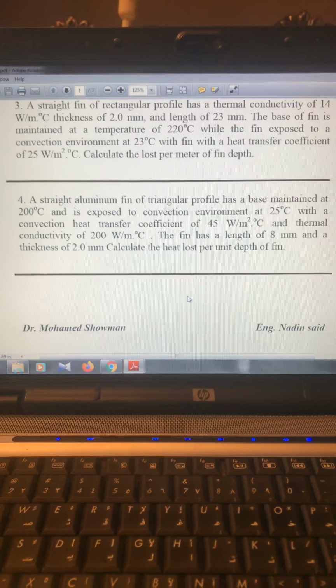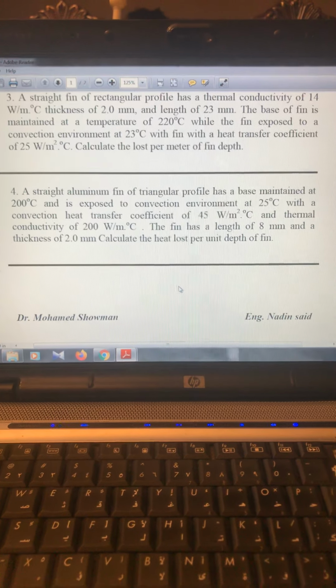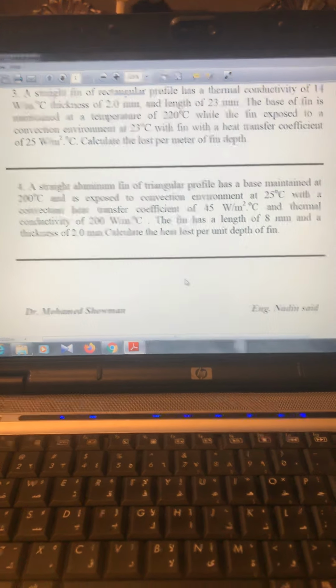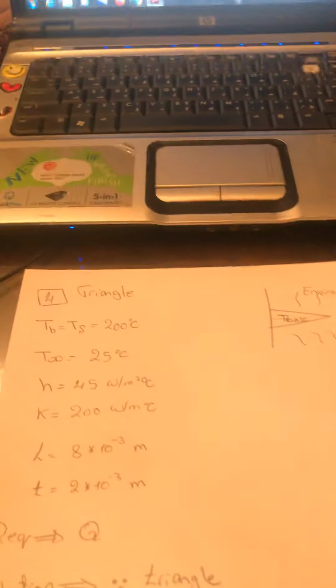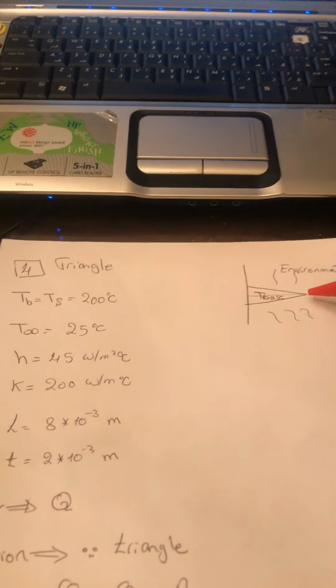The last problem here is a straight aluminum fin of triangle profile. Here it is a triangle profile, so the first thing you write is that it is a triangle profile.